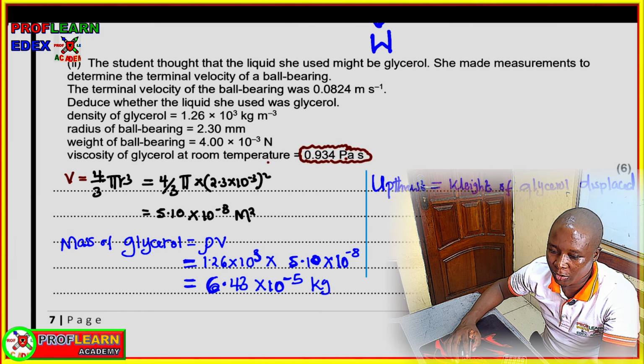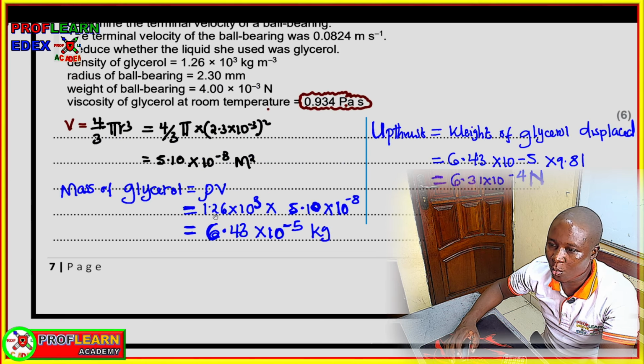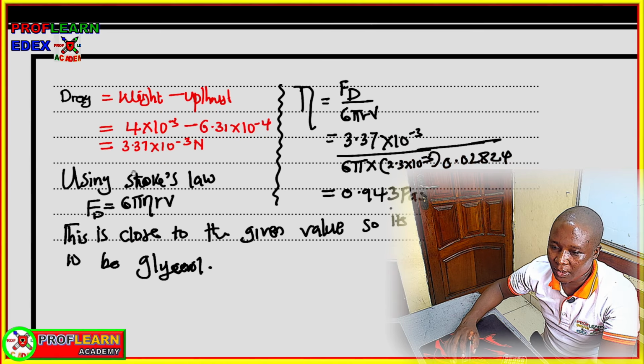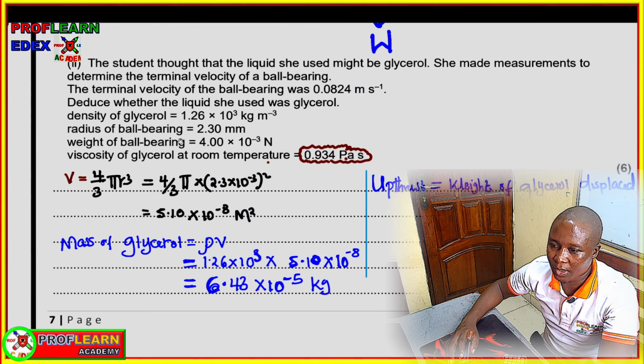We have another question, and this question is testing about deducing whether the liquid she used was glycerol. The way we are going to approach this is to work out the viscosity, the value of eta here, so that we can check whether it corresponds to the value given for the viscosity of glycerol.